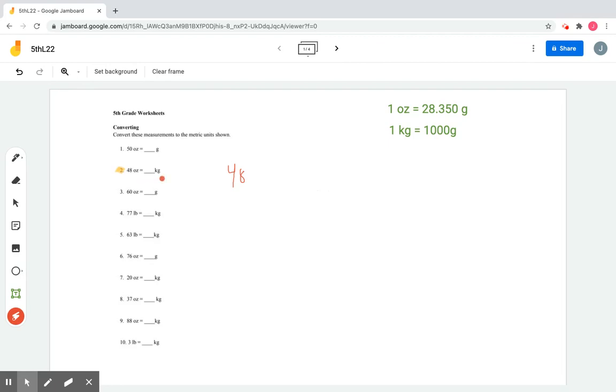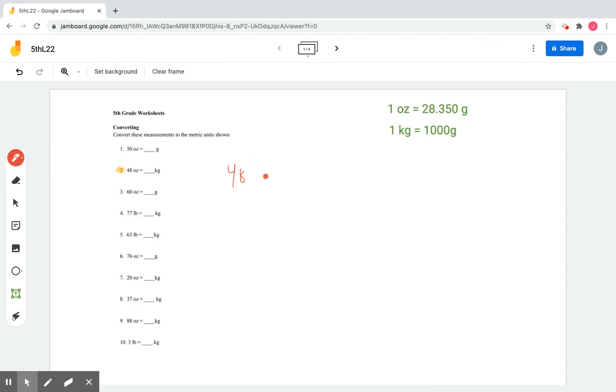So what we're going to do is convert ounces to grams first, and then we're going to convert the grams to kilograms. So we have 48 ounces right now, and we want to convert it to grams. And remember, 1 ounce is equal to 28.350 grams.